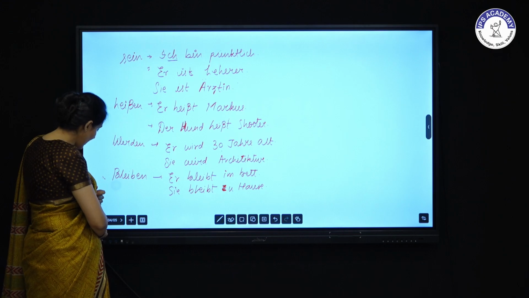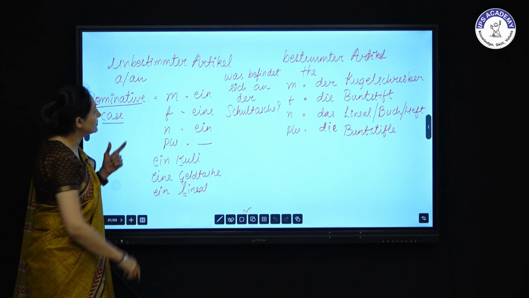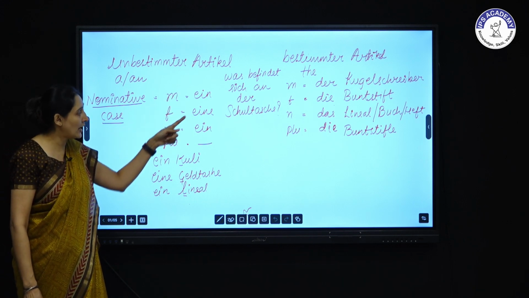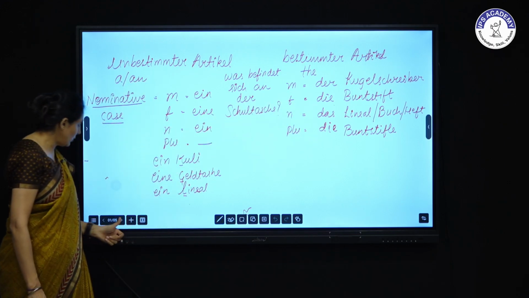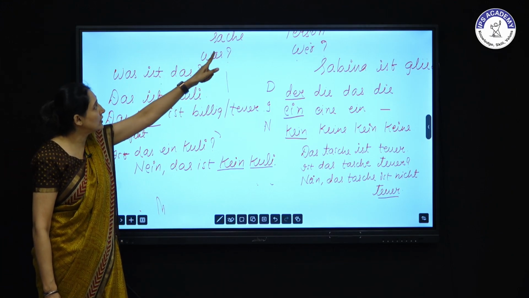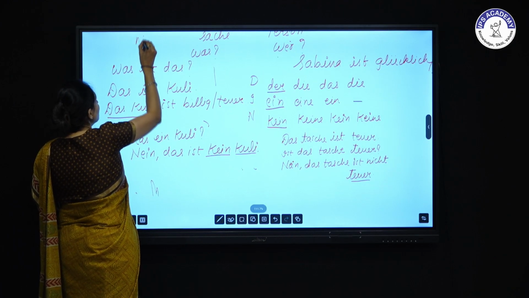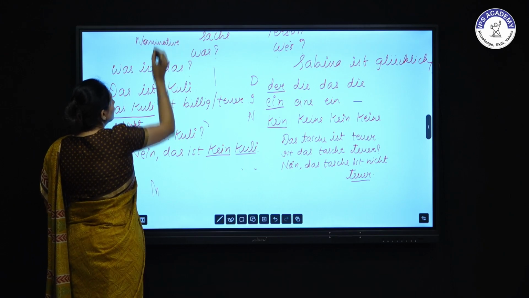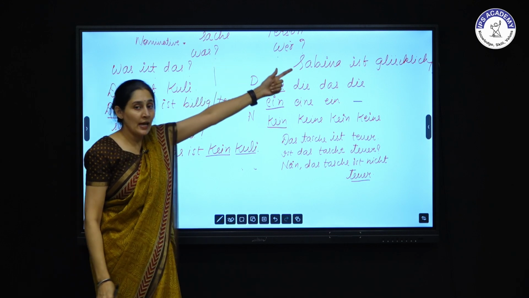In the starting, we have seen some articles related to it. We have started from the bestimmter and unbestimmter article in the nominative case, that is ein, eine, ein, and then der, die, das, die. When it comes to your second slide, we have seen the questions that come with the nominative, for the Sache and Person, that is was and wer.